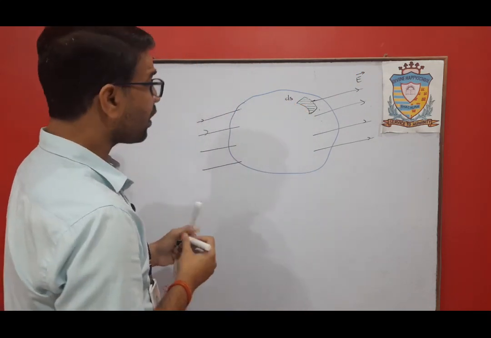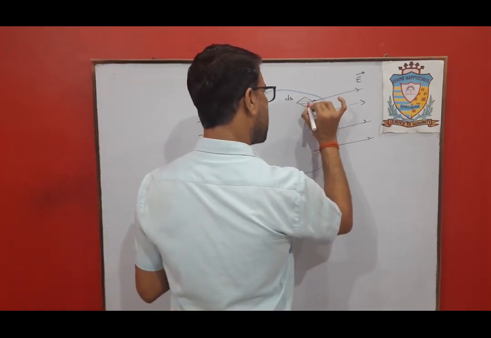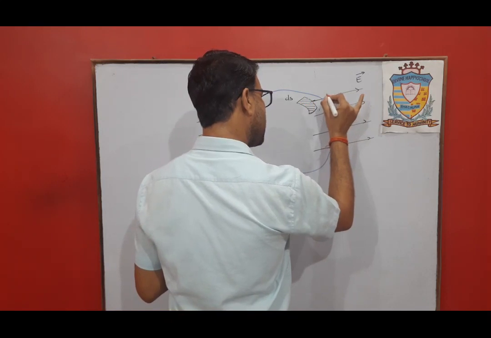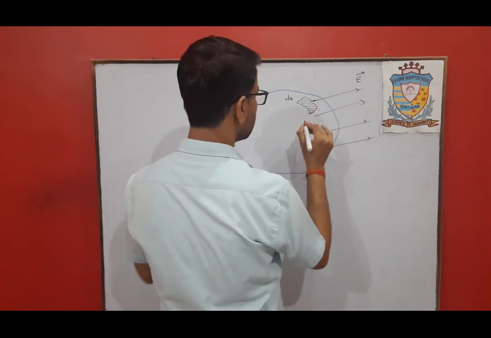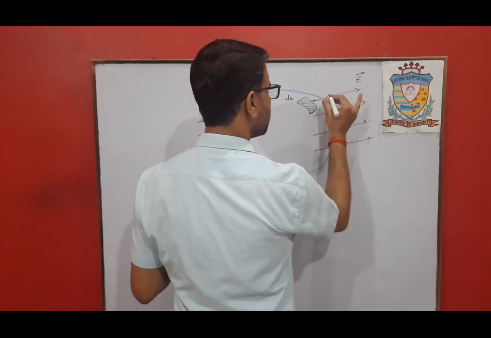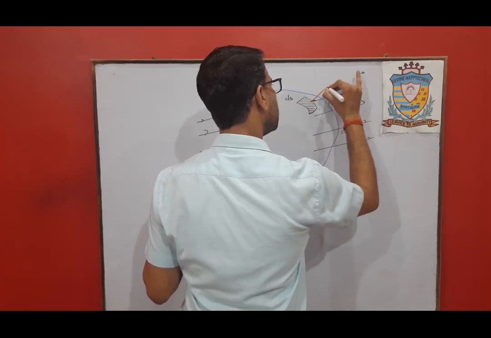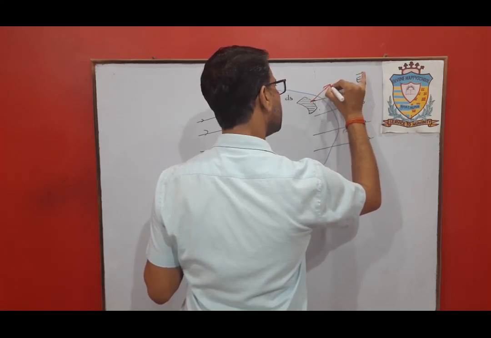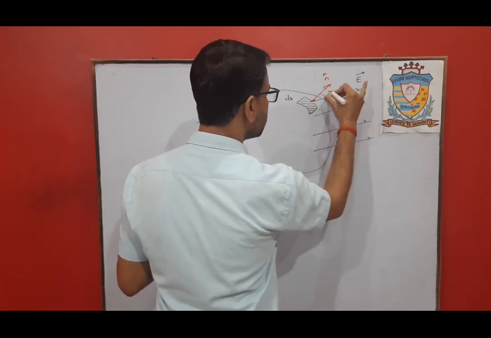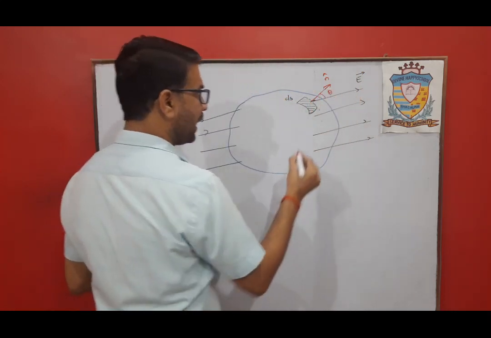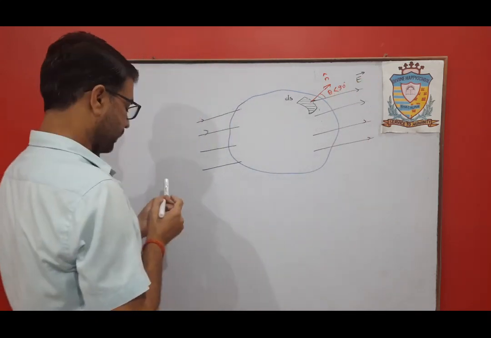What will be its direction? Its direction is outward, and this is n cap. Let the angle be theta, and this theta is smaller than 90 degree.